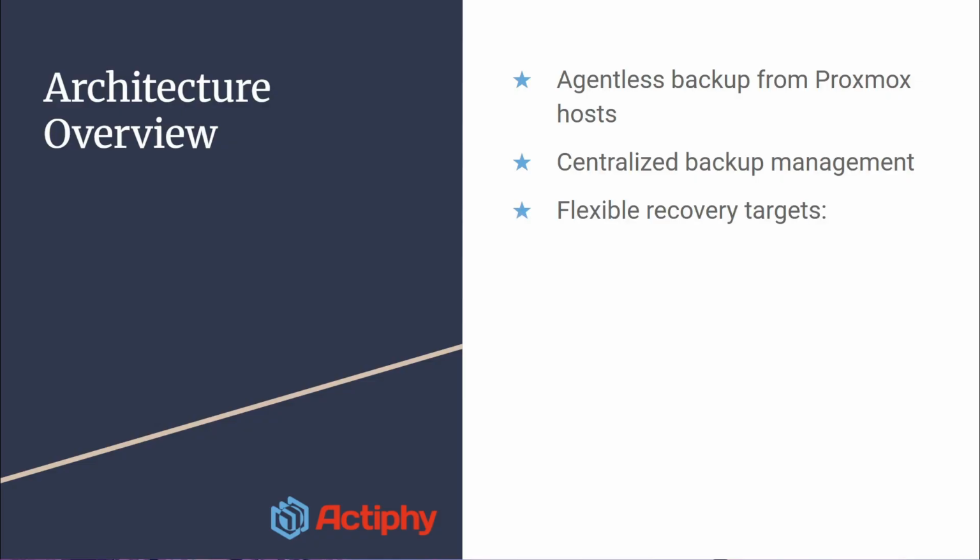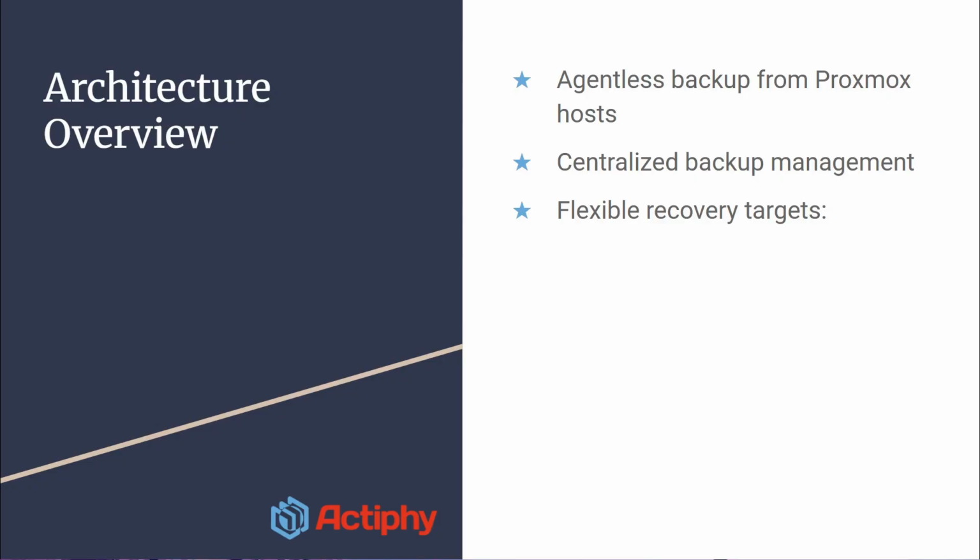One of the defining characteristics of this architecture is flexibility in recovery targets. The protected system image is not bound to a single destination. Once a workload is captured as a full image, recovery can be directed wherever operational needs require. That may be back into Proxmox, it may be to physical hardware, or it may be into a supported cloud platform.